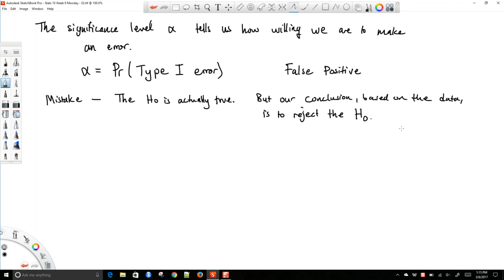And so that's a mistake, all right? Okay, so again, it's not that we have done something wrong, okay? It's just because our data has come from random chance, it could lead us to the wrong conclusion, okay? So we did not necessarily do something wrong.